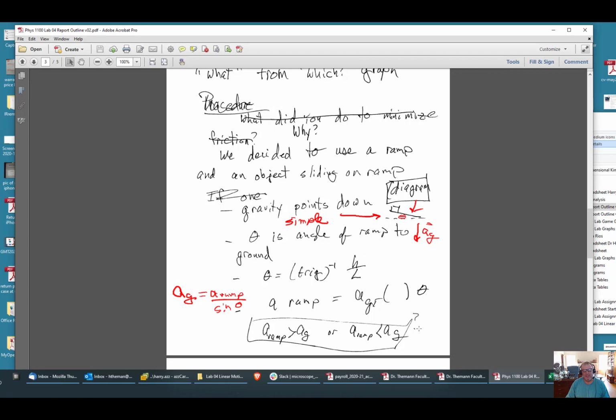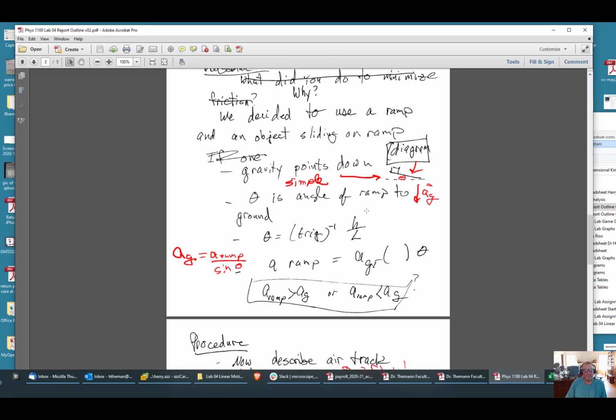I made this as a question. Hopefully you quickly come up with the answer that the acceleration of the ramp is less than the acceleration of gravity. And that's another benefit to this apparatus, because it makes it easier to measure the time.